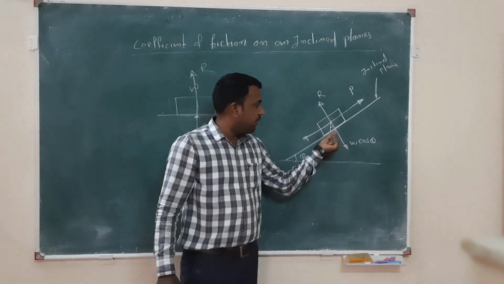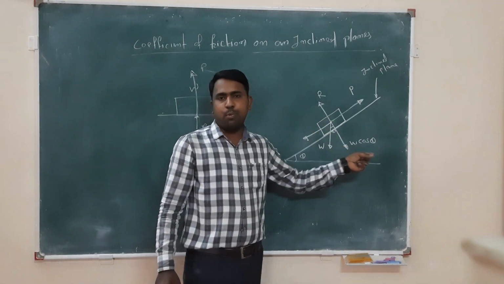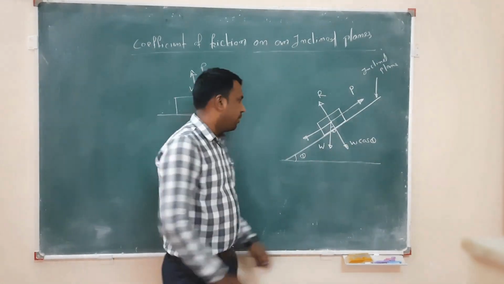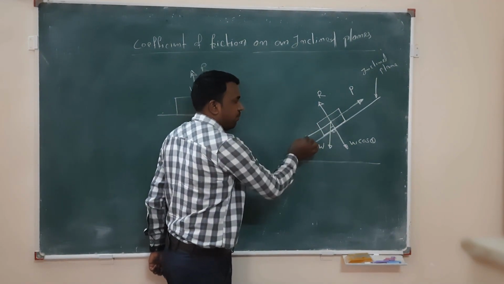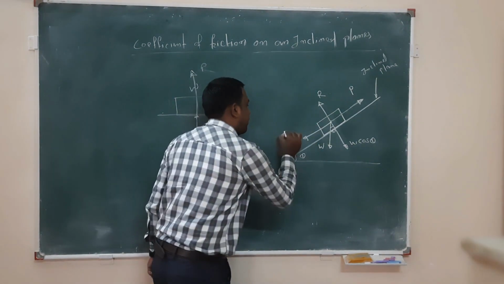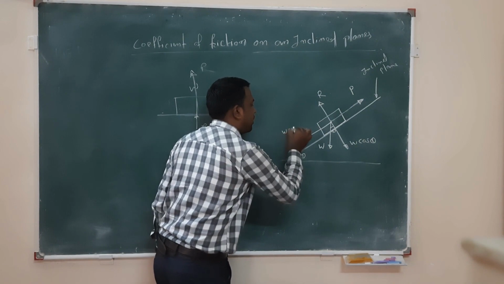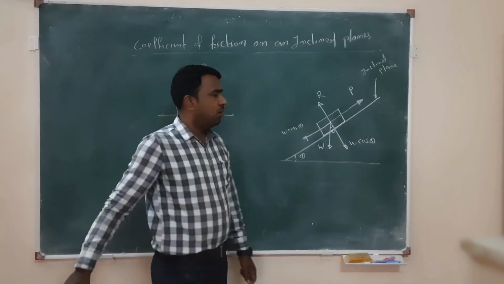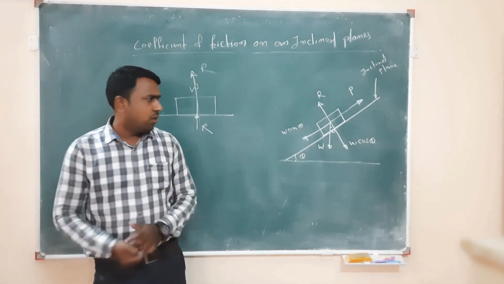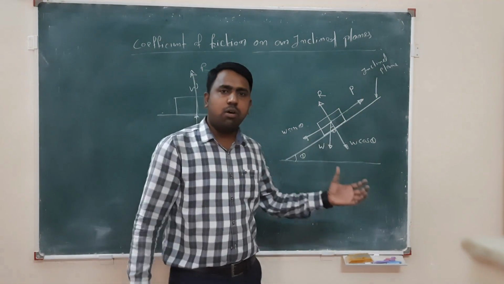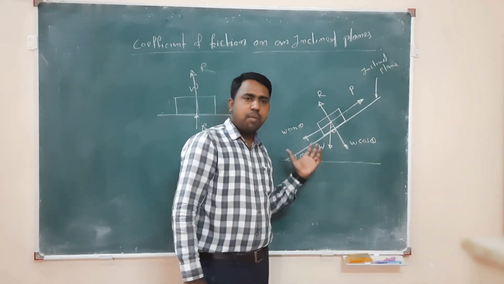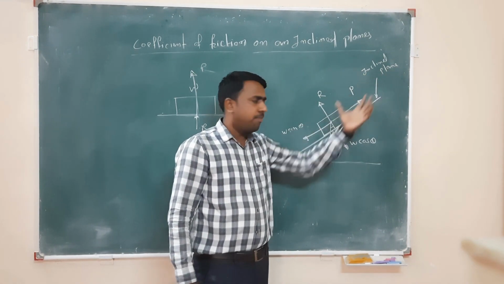Because it is making an angle theta with respect to this axis. So this component is W cos theta, and similarly this component is given as W sin theta.